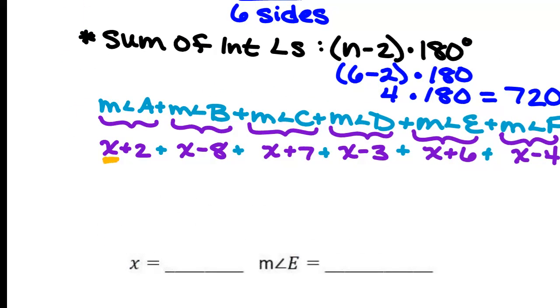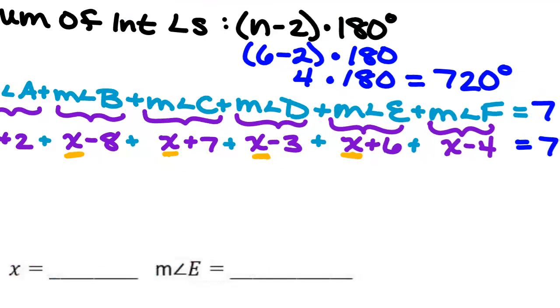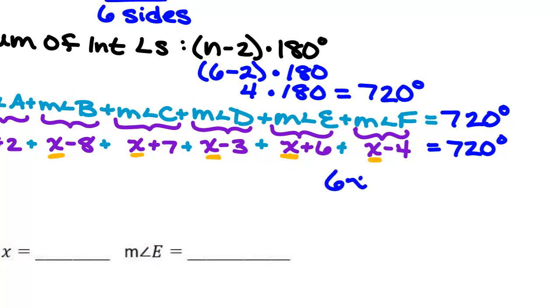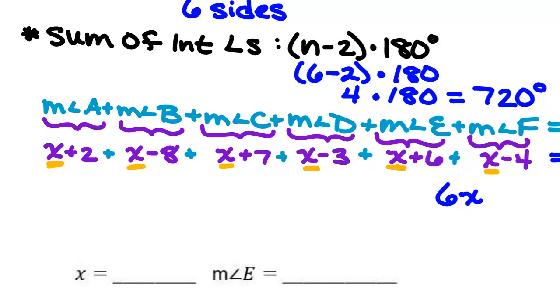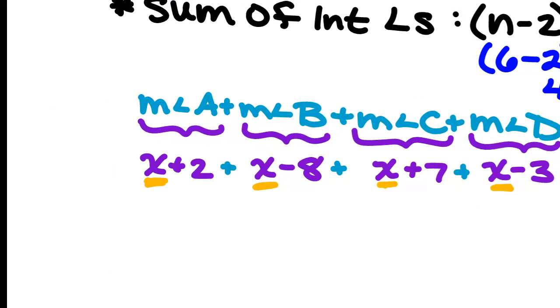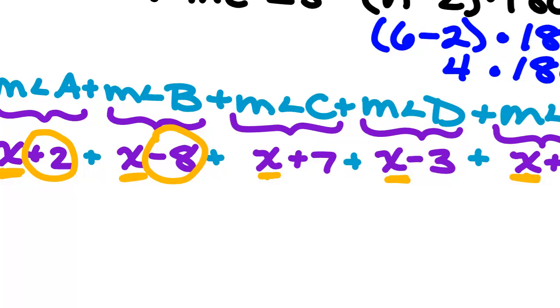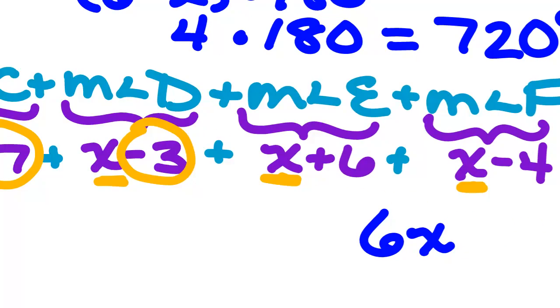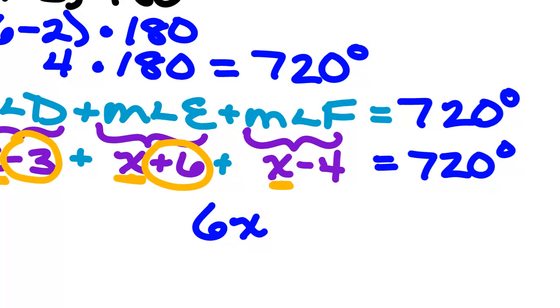All right, let's combine our like terms. I have 1, 2, 3, 4, 5, 6 x's, so 6x. And now we're going to combine our constants. I have 2 minus 8 plus 7 minus 3 plus 6 minus 4.